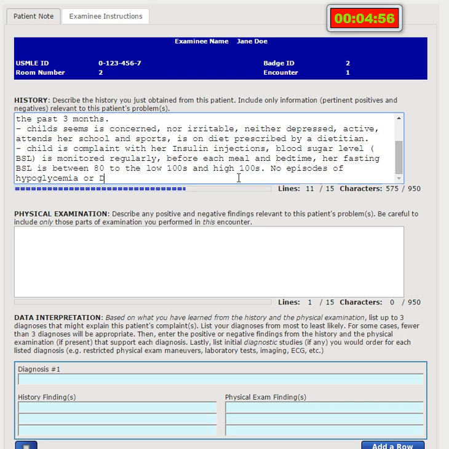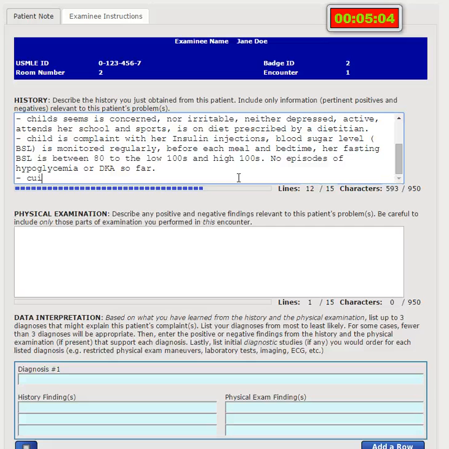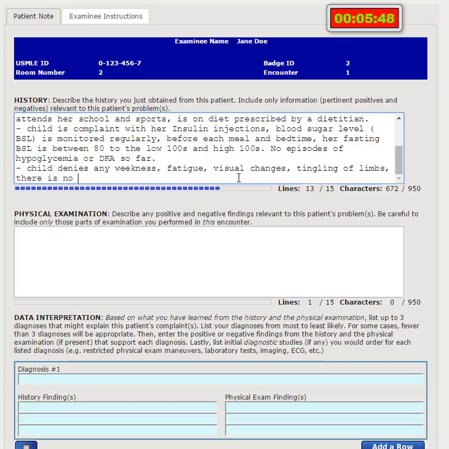Chocolates. And weakness. Changes. Flash, itch.